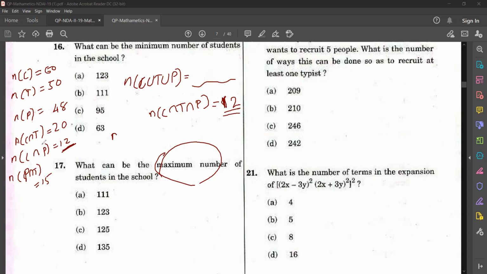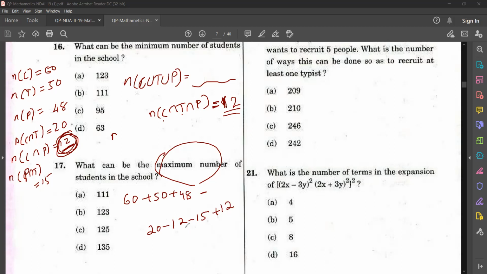From all these three intersections, take the minimum, which is 12, and take that as C intersection T intersection P. Now what will be my formula? 60 plus 50 plus 48 minus 20 minus 12 minus 15 plus this 12.